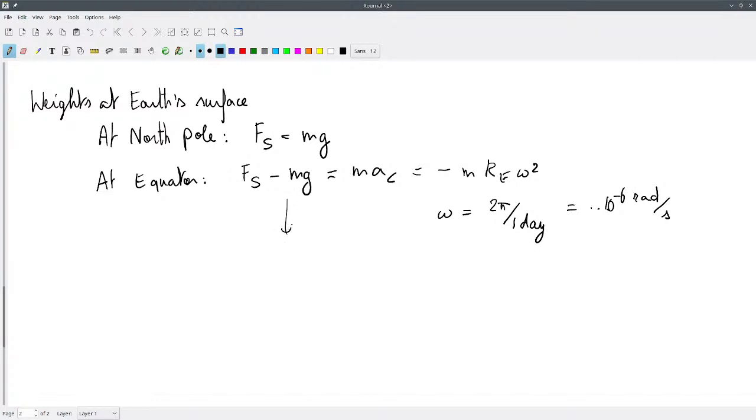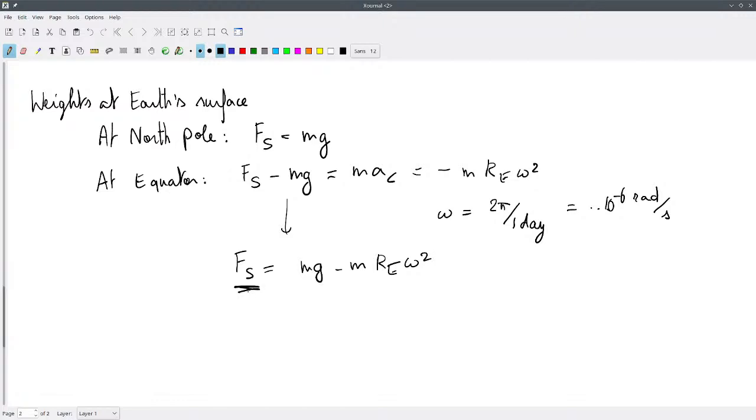So that means that in this case, F_s, the force due to the spring, will actually be different. It will be m g minus m r_Earth omega squared.